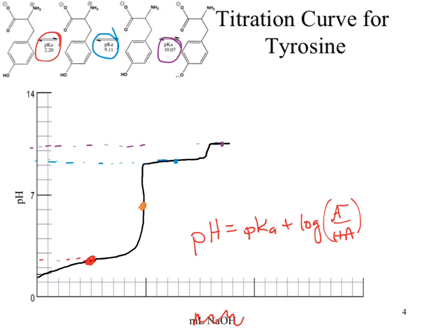Okay. So if we're looking at, say, that orange point, okay, what is special about that orange point? In the case of tyrosine, it was our pI. If you go all the way back, and it's probably easier to see on the previous slides, if we go through and evaluate where our pI was located, it was our central structure here. It's halfway between these 2 points, those 2 pKa's.